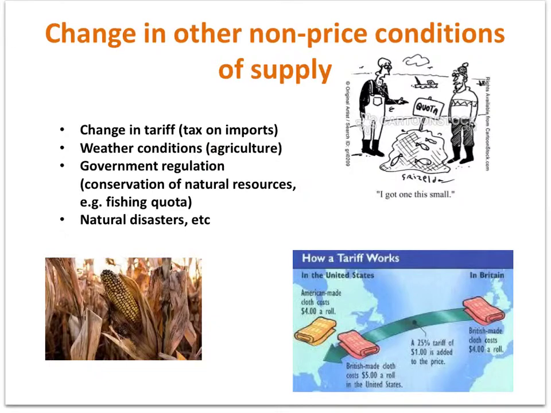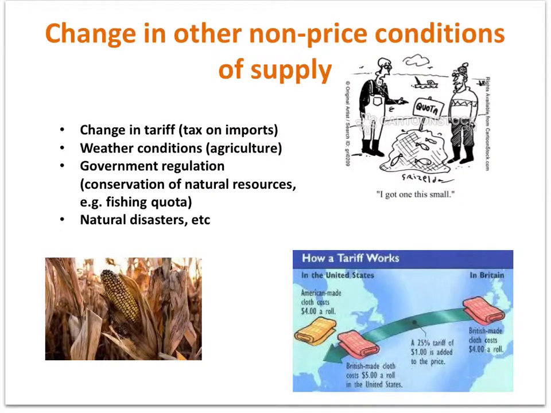Other non-price conditions of supply include tariff, weather conditions, government regulation, and natural disasters, etc. Tariff is a tax on import, so any change in the level of tariff will affect producers' cost of production. Weather conditions could affect supply of some goods, especially in agriculture.